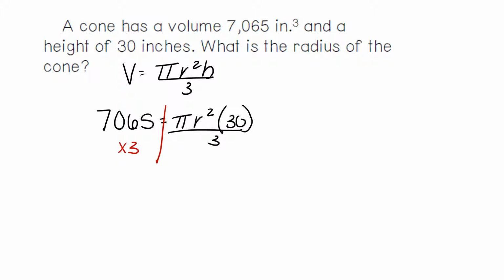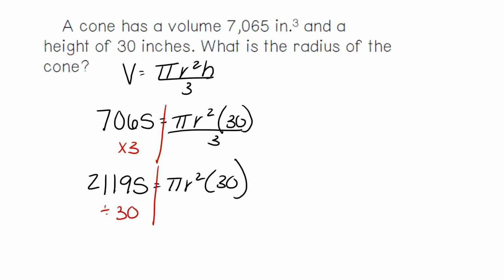7,065 times 3 is going to give us 21,195. Instead of multiplying by 30, we do the opposite. We divide by 30, which gives us 706.5.